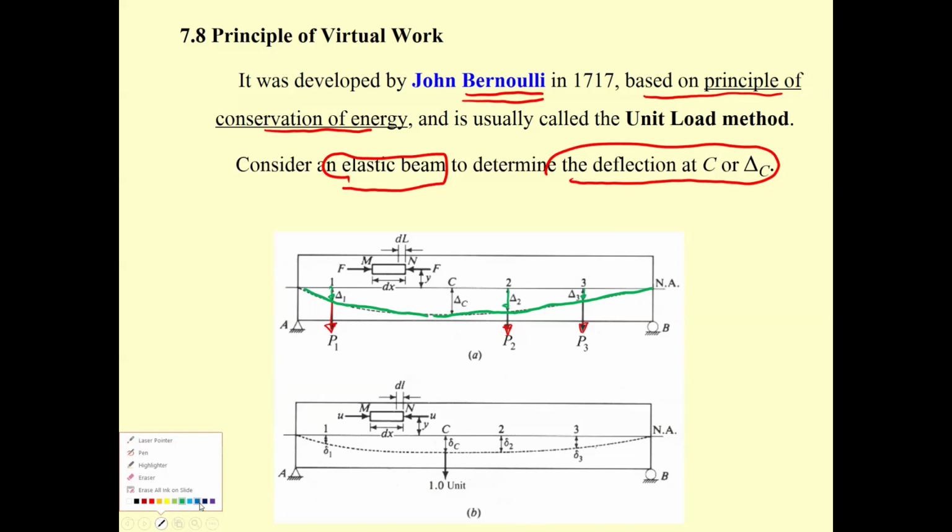He preferred to determine the deflection at point C. At point C, you also have the deflection delta C. This one is in equilibrium. And then for a small element inside the beam, let's take a small element over here.